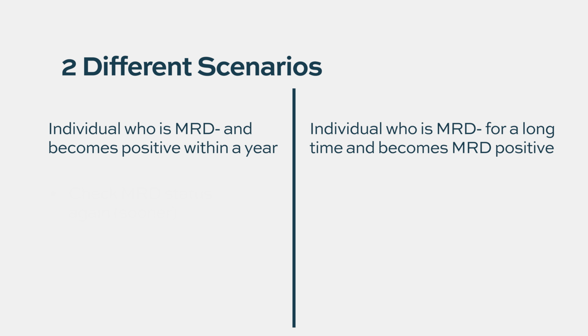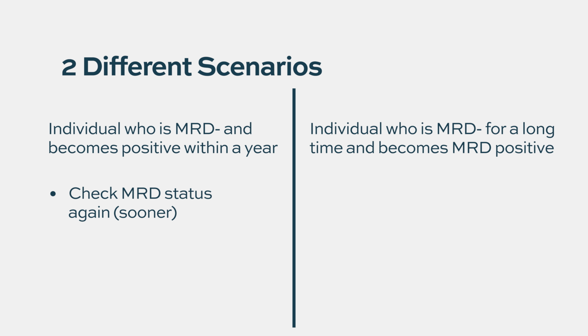There is positivity, but it's almost negative. In my experience, if it turns positive during the first year, I would be more inclined to check sooner again and make sure we fully understand what's going on, because this could reflect a dynamic of the disease that tends to come back.